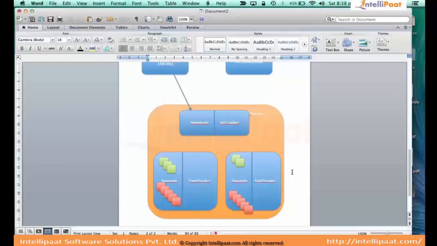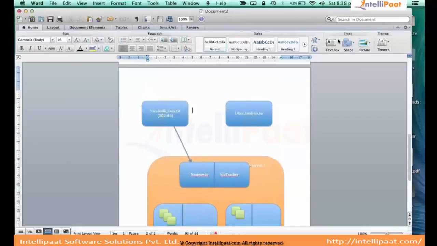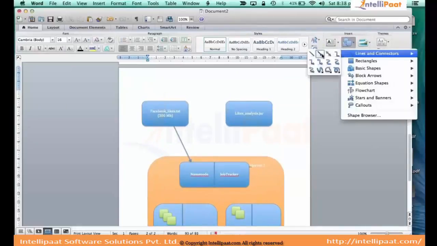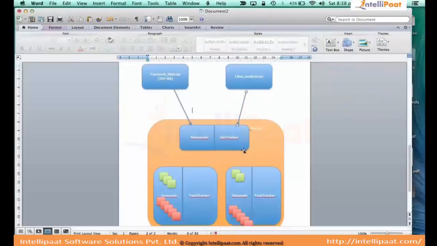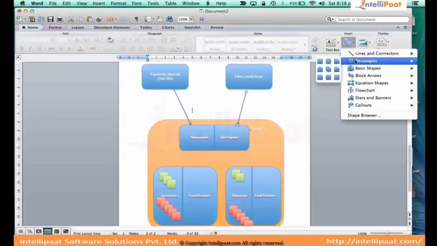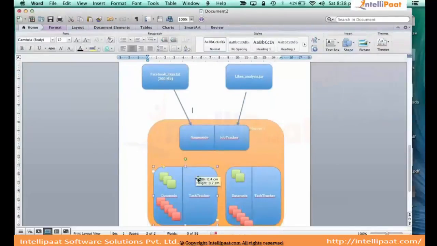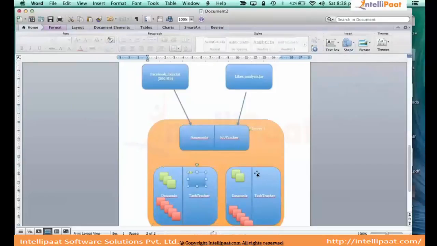Now, I being a programmer, I wrote this code, and now I need to just run the program so that my manager gives me good appraisal. So I write this and I give it to the job tracker and say, take this program and run it everywhere. So job tracker will submit this program to both the machines, to both the slaves.